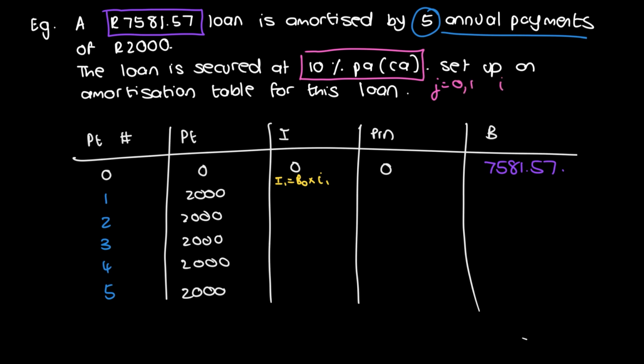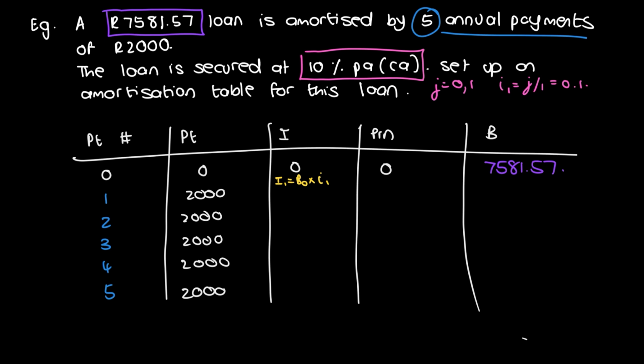We need i1. So remember, J is equal to i_m times m. So i1 is equal to J divided by 1, which just gives us 0.1. So now we have the value for i1. So a reminder, if you're doing this by hand and you're using the formulas, you need the effective interest rate in decimal fraction notation.